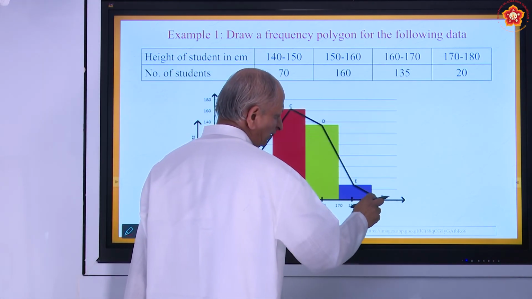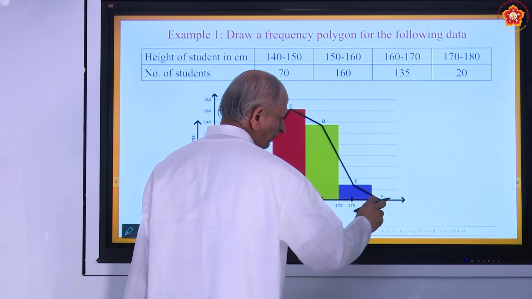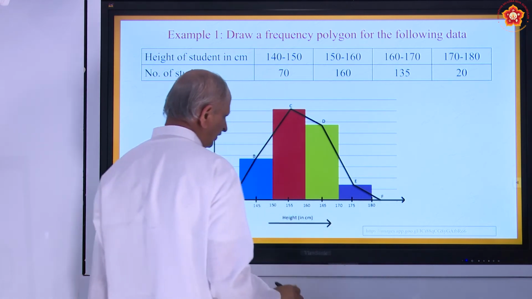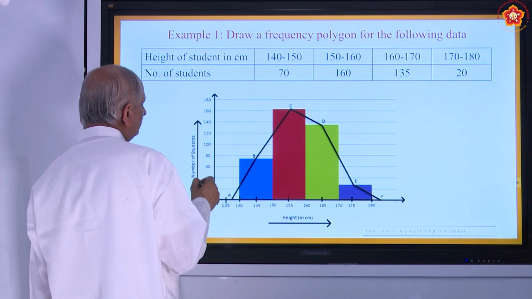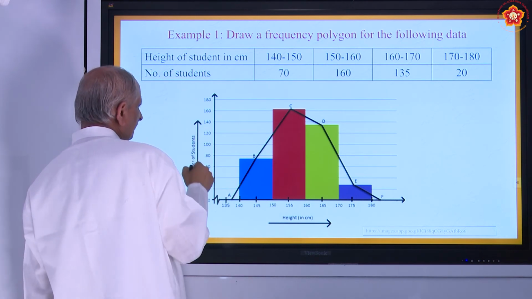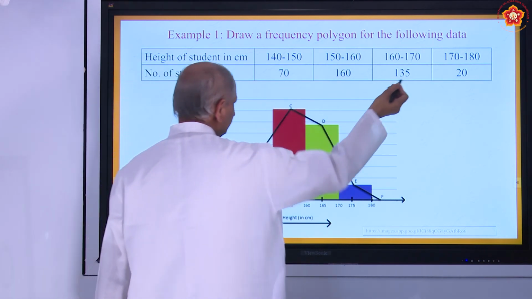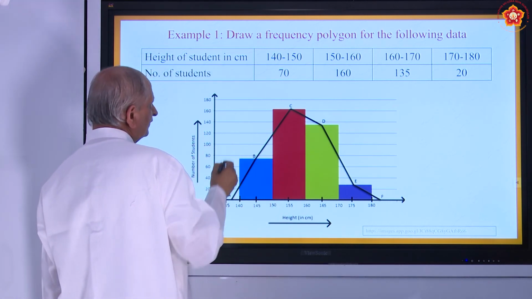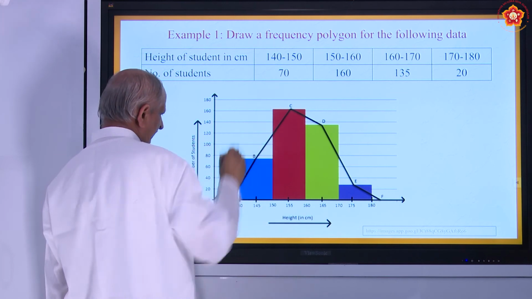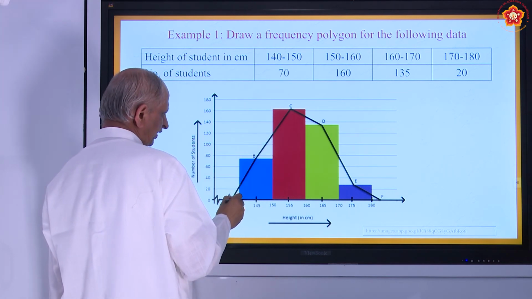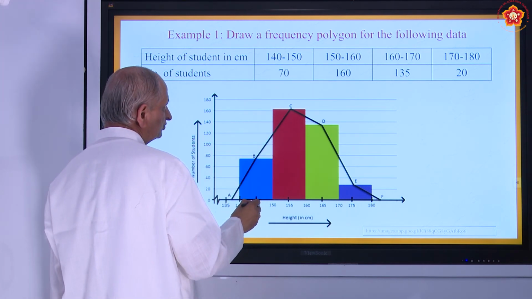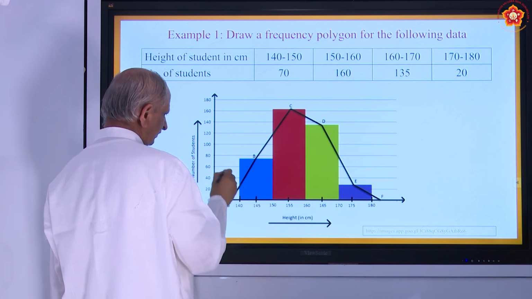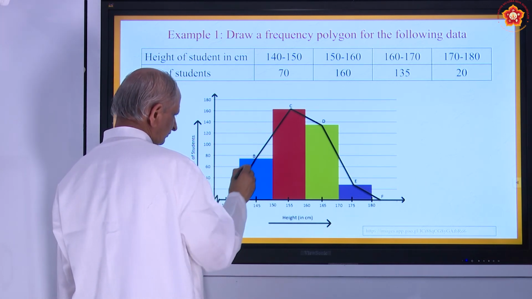Next will be 180 to 190, midpoint 185. So it ends at 185. And then the vertical axis, number of students, shows the frequencies. So 140 to 145 is 70. So here it comes, 70.